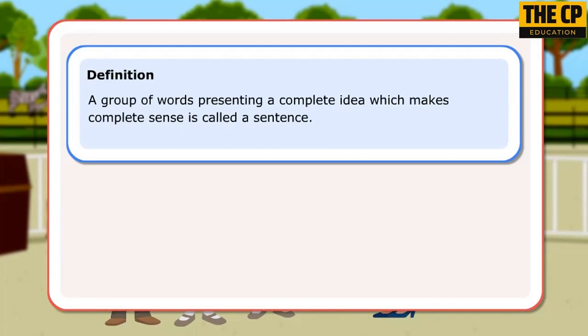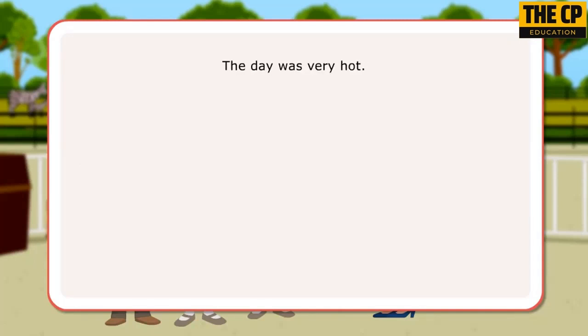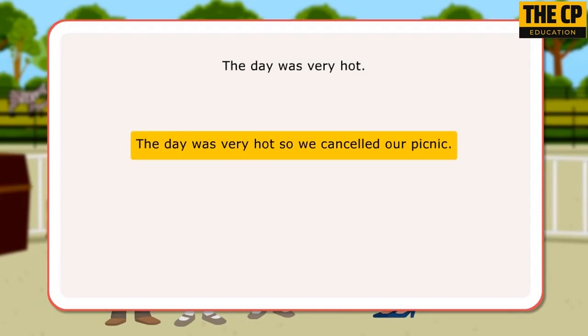Let us look at some sentence structures. If a sentence has one statement presenting one complete idea, it is a simple sentence. The day was very hot. If a sentence has more than one statement presenting more than one thought and both the statements can stand alone as separate sentences, then the sentence is a compound sentence.